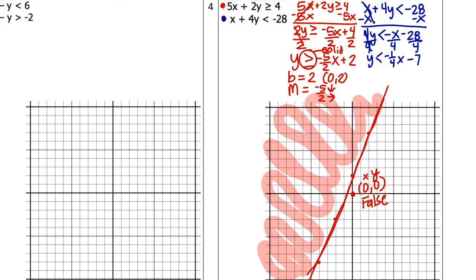So now I've got it into my final form. I just need to pull the information I need out of it. So my beginning point is going to be (0, negative 7). And my graph is going to move by going down 1 and over 4 spaces. And of course, if I come back up to my symbol, I know this is a dashed line.